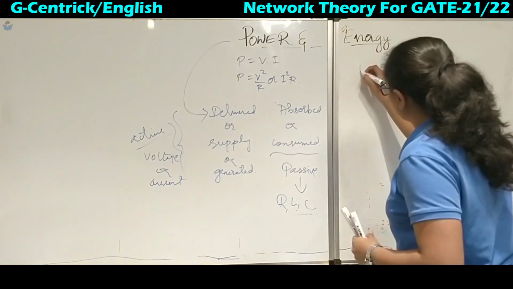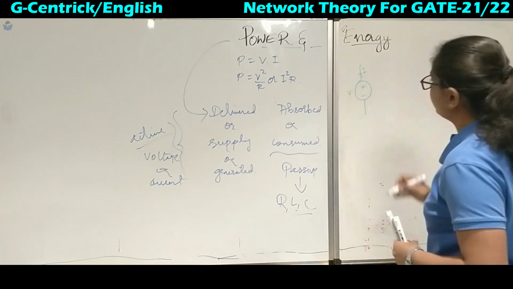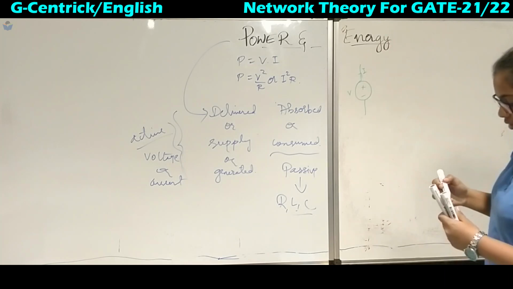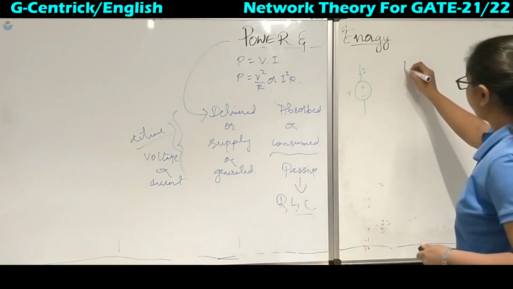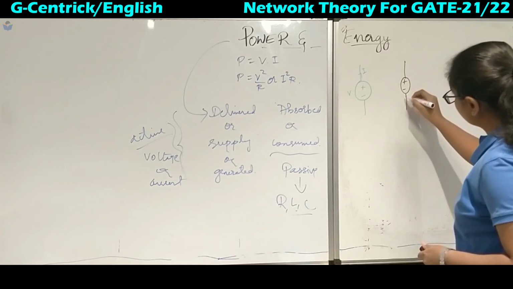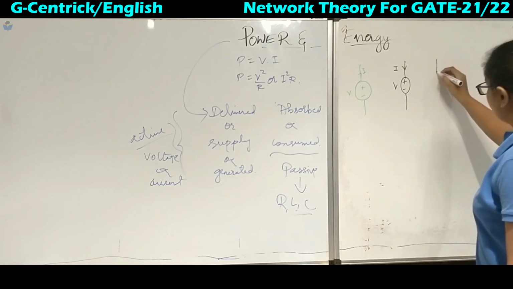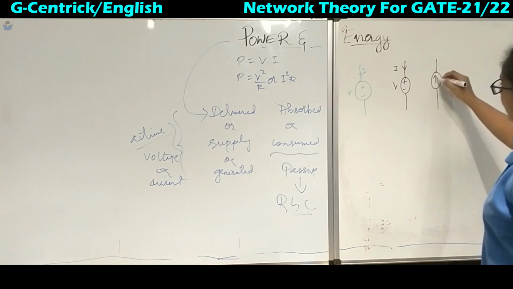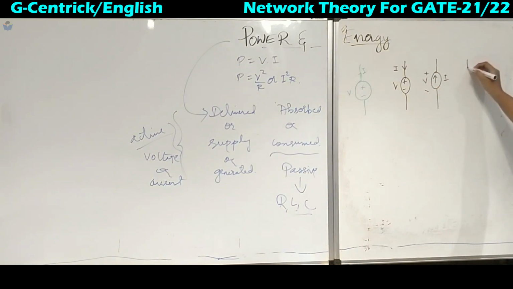If I take a voltage source with the direction of current in the upward direction, and then a voltage source with the direction of current opposite, and I take a current source with the arrow upwards, and the polarity V. So this is current I, and in this case I take the direction of the current source downwards, and let the polarity be the same.